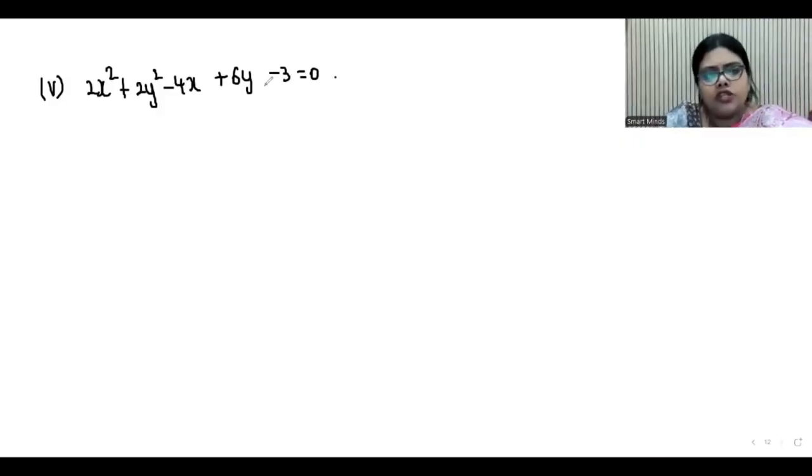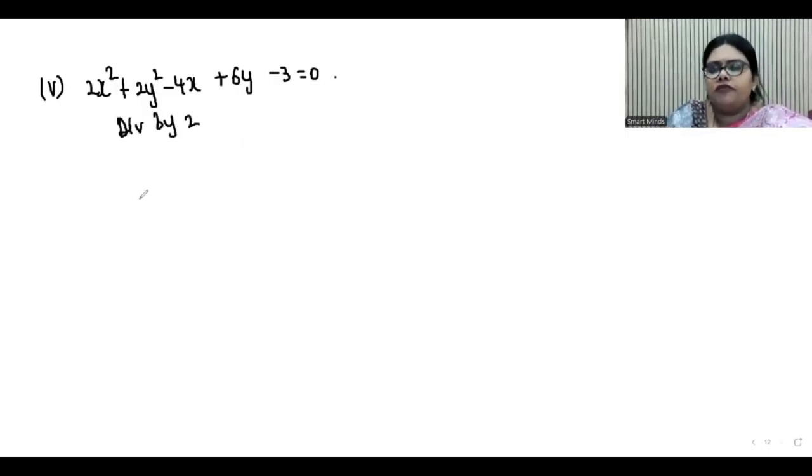Take the next question. 2x² + 2y² − 4x + 6y − 3 = 0. First you have to divide by 2, because the coefficient of x² and y² is 2. If you divide by 2, you will get x² + y² − 2x + 3y − 3/2 = 0.